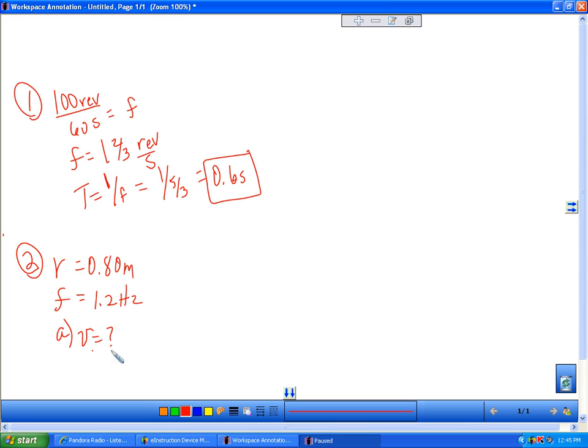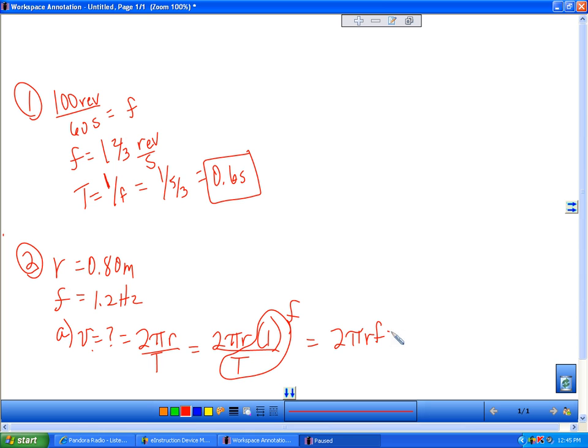So I have v is equal to 2 pi r over T, but that's really the same thing as 2 pi r times 1 over T, and that's the same thing as frequency. So I can really rewrite it as 2 pi r f. So now it's a piece of cake.